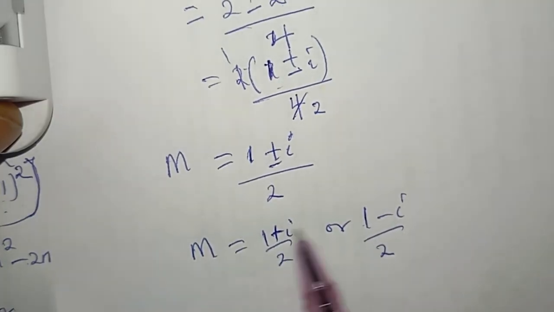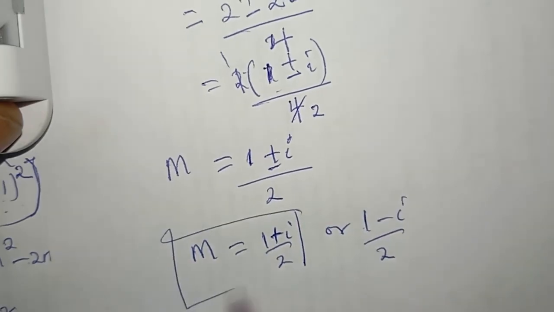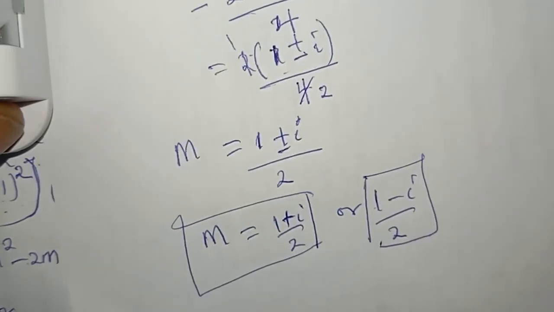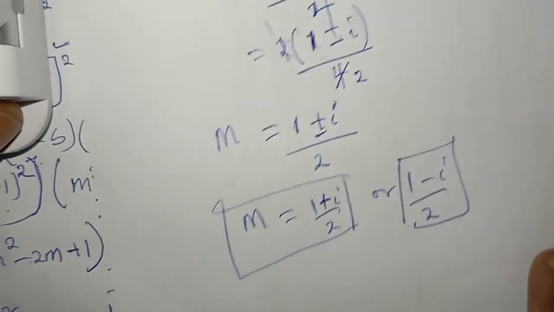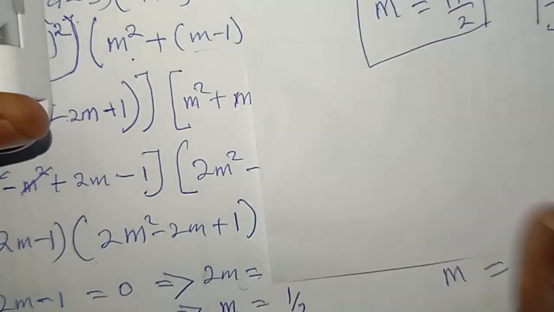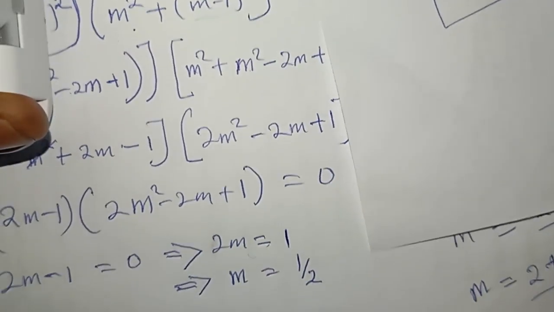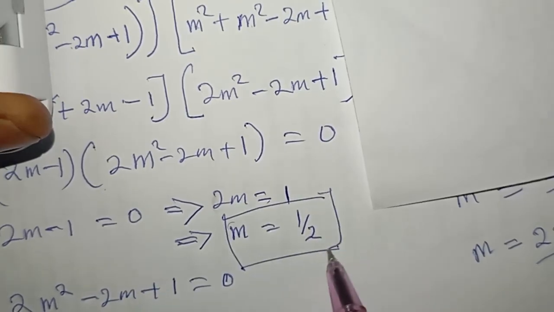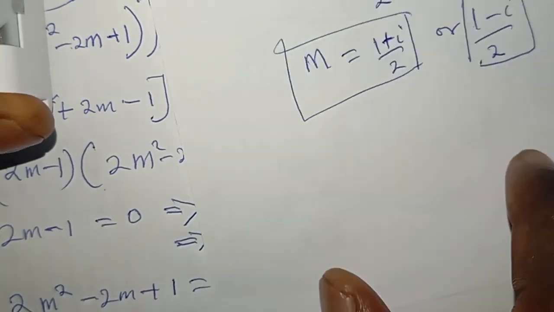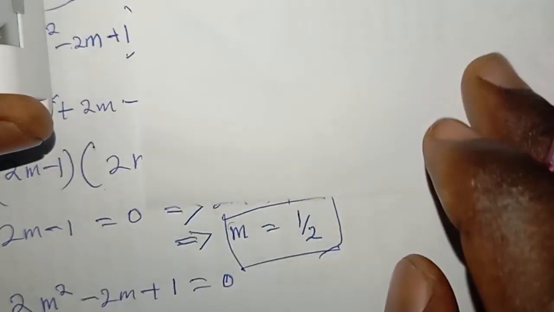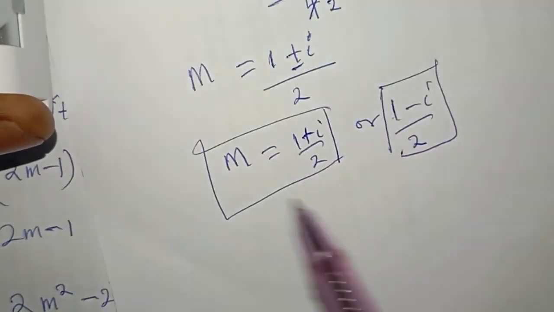So these are the values of m that satisfy the equation we are solving. You can see our first value for m right here, which is m equal to 1 over 2, and then the second and third values of m are here.